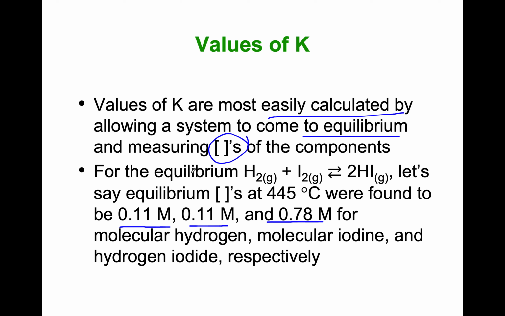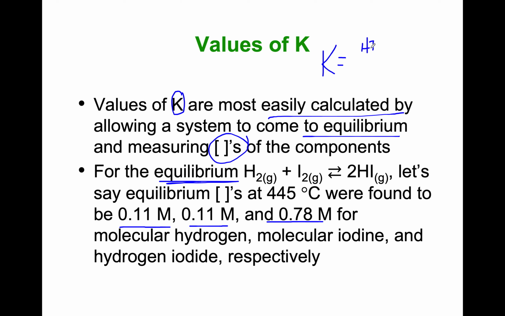So when you see a problem like this, it says for the equilibrium, so right away, equilibrium should be telling us K, okay? And they gave us the concentrations. What is the value of K? Well, you've got to write the K expression first. So very first thing, take the equation and write the K expression.